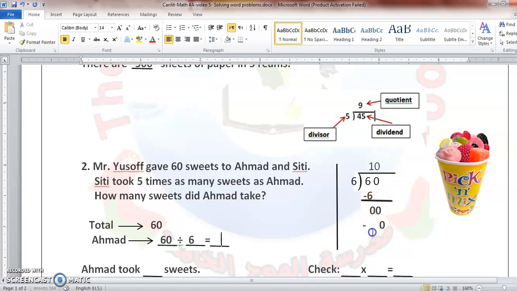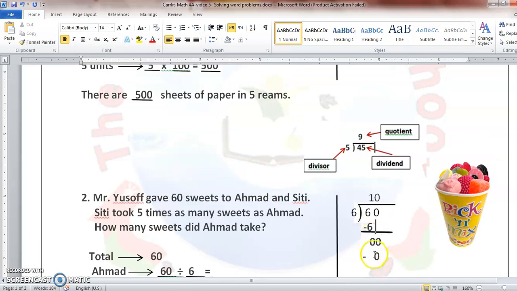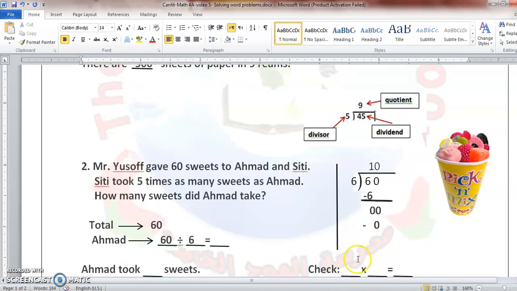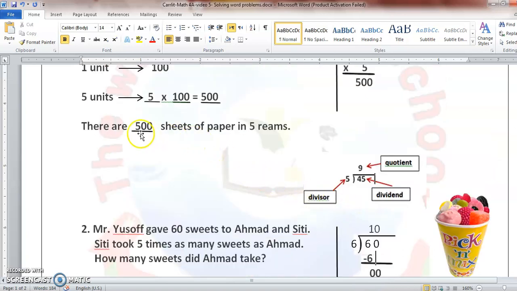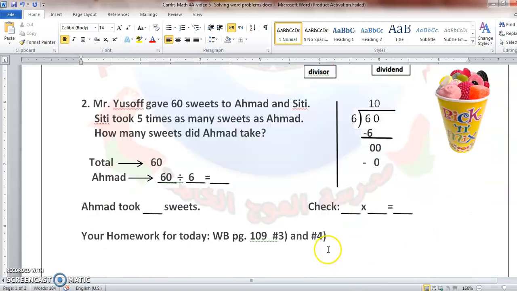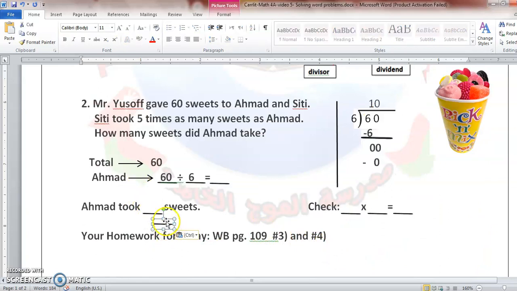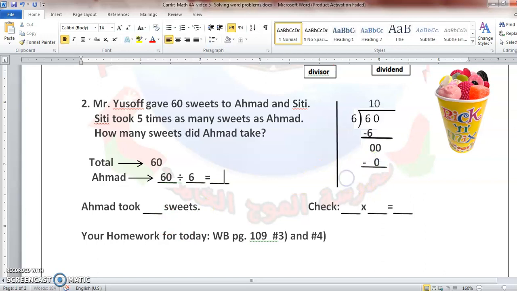So what is the answer here? 0 minus 0, the answer is 0.